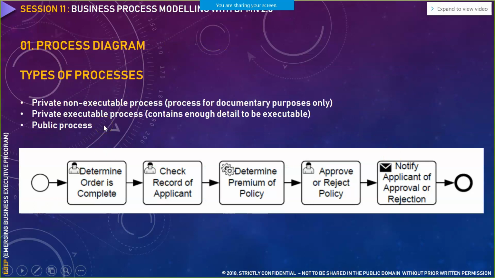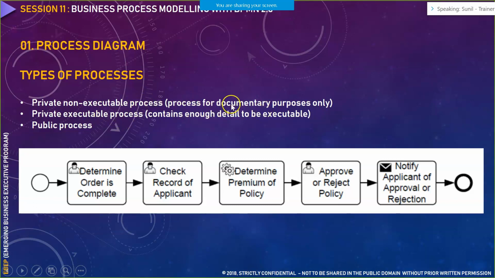If we see these diagrams in a deeper context, this is the very first diagram, that is the process diagram. Now in this process diagram, there are essentially three kinds of processes. First is your private process, and second is your public process. Within private process, we have non-executable process and executable process. What is a non-executable process?